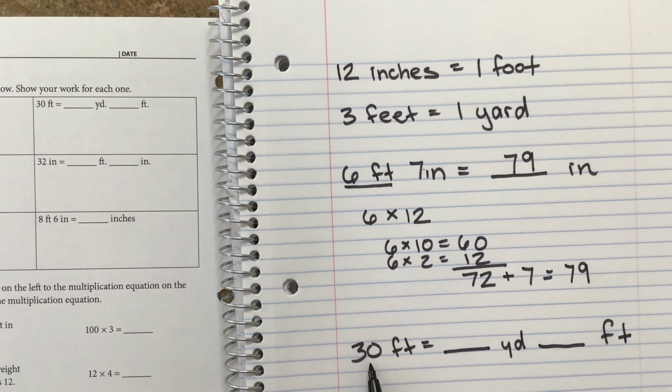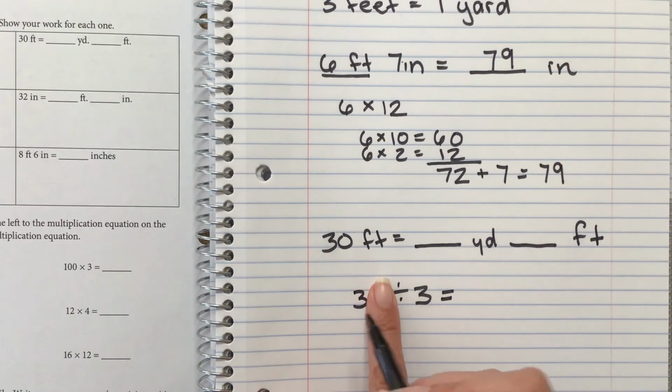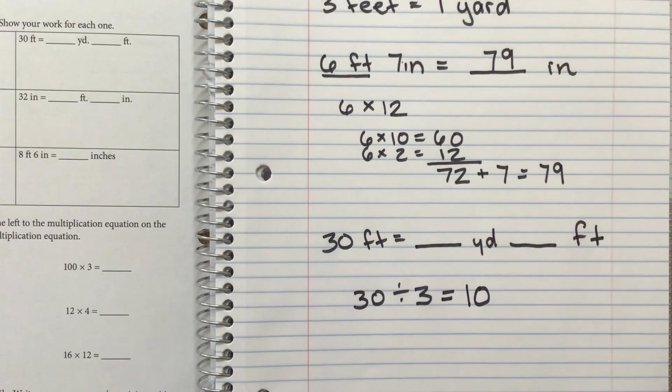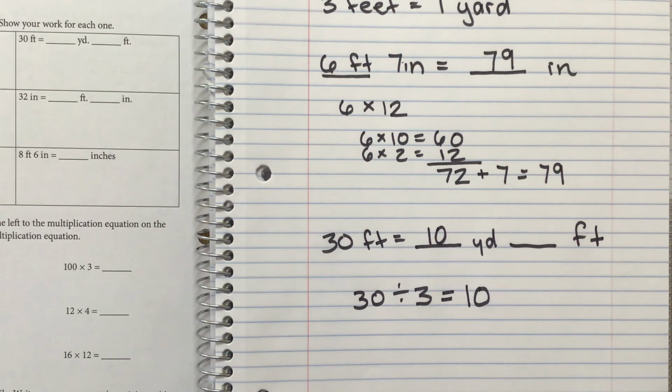So 30 divided by 3. If I take this 0 away, 3 divided by 3 is 1. Attach that 0. 10. Are there any feet left over? Sure not. They're trying to trick you.